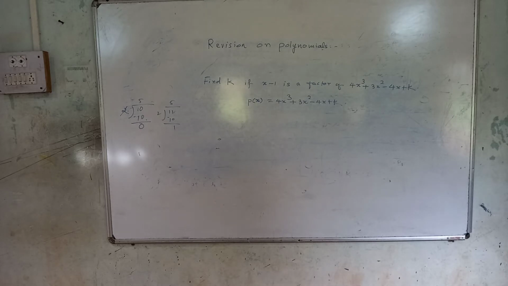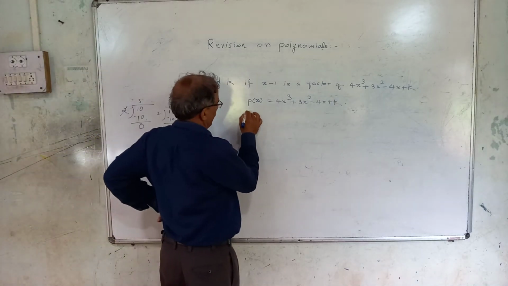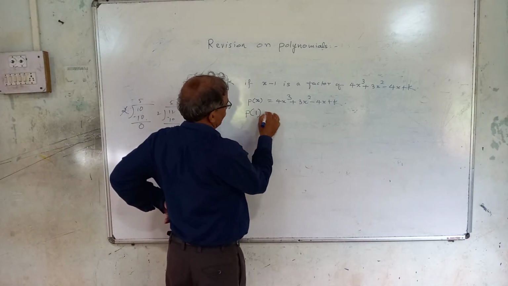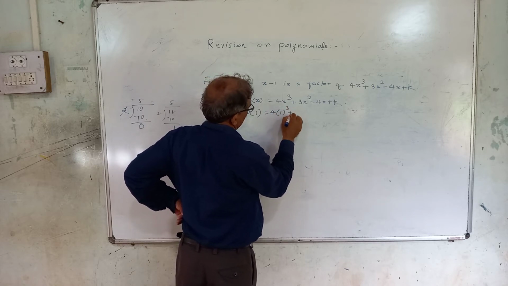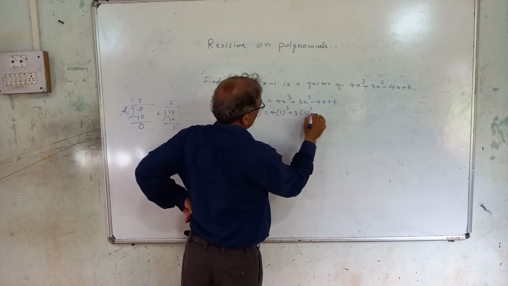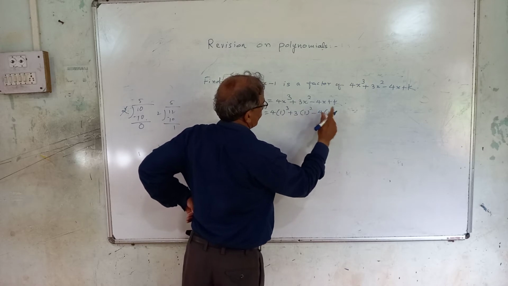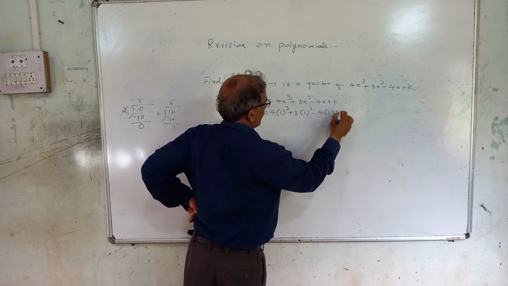In place of minus 1, you have to substitute plus 1. So now, we shall find the value of polynomial at x is equal to 1. So it is 4 into 1 cube plus 3 into 1 square minus 4 into 1 plus k.